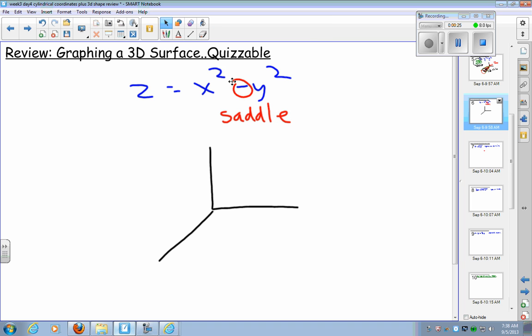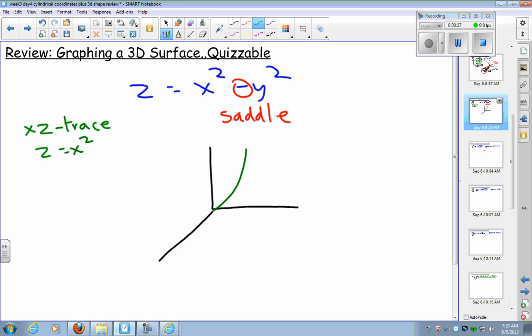Look at traces. So the xz trace is z equals x squared, and it's a positive, and it's always hard to see these, but this green guy is coming in and out of the board.